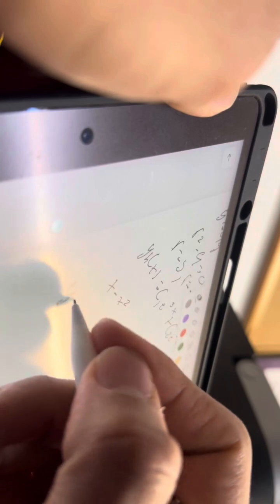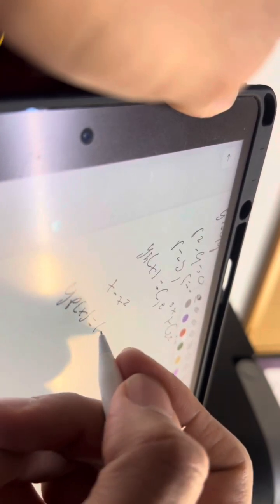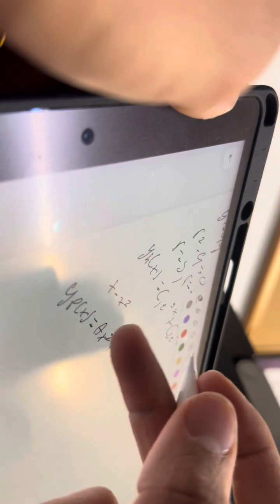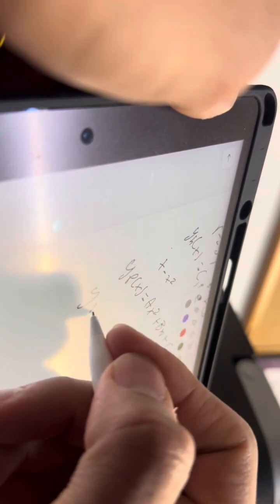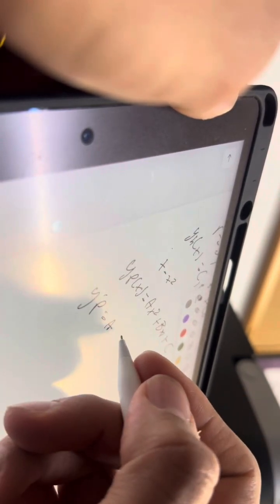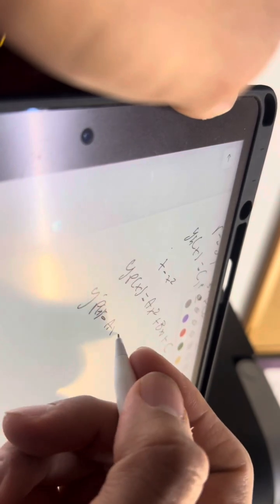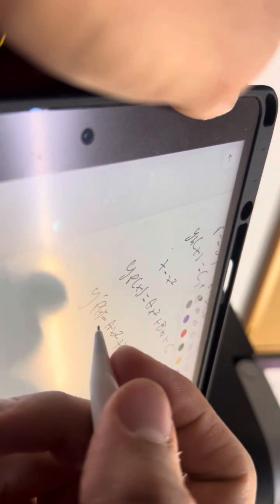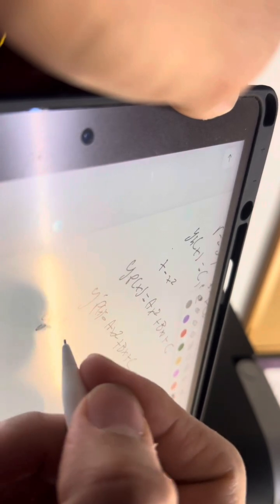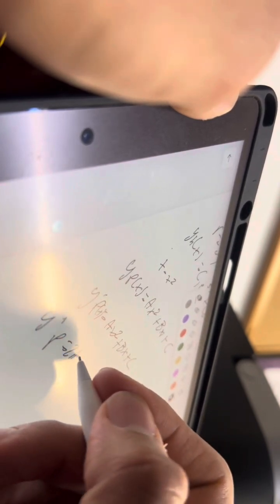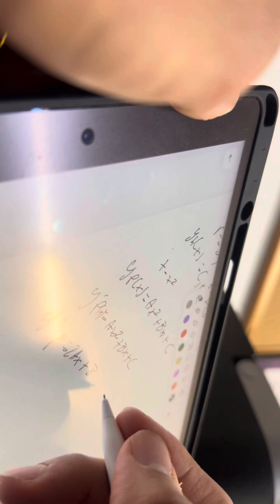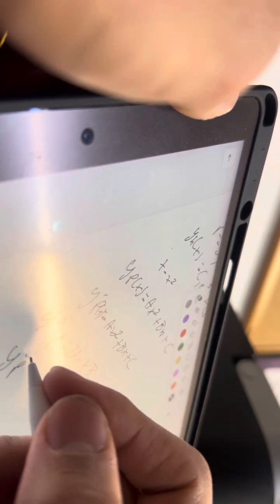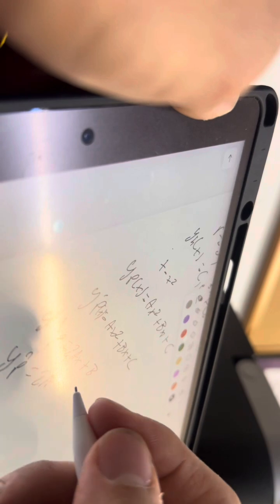So yp of x is going to equal ax squared plus bx plus c. Then getting the derivatives, yp' is going to be 2ax plus b, and then yp'' is going to equal 2a.